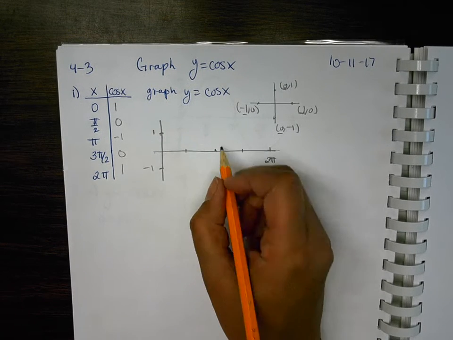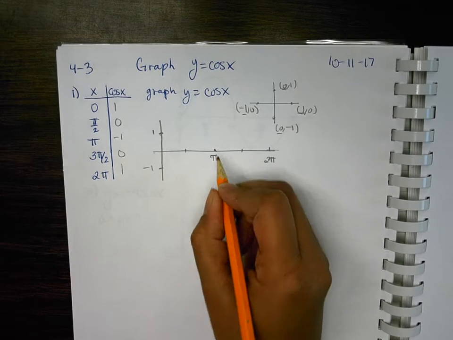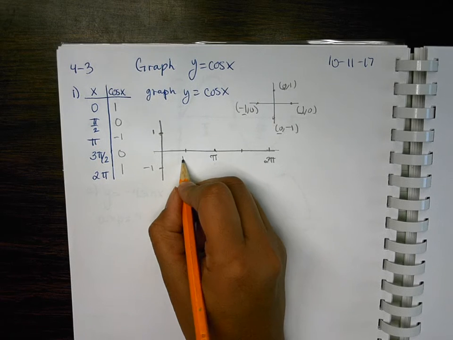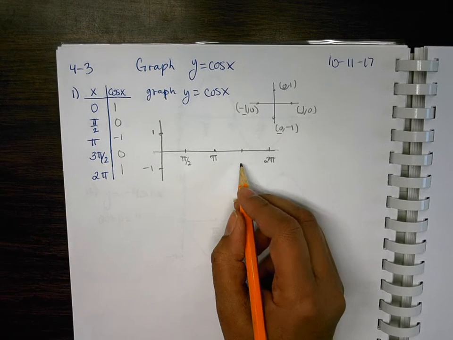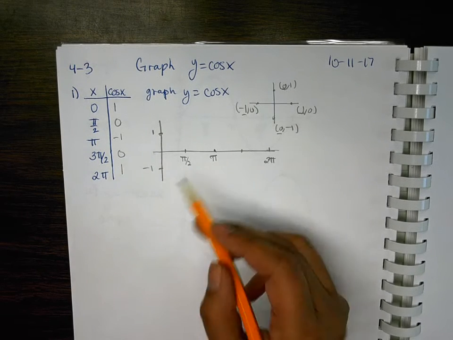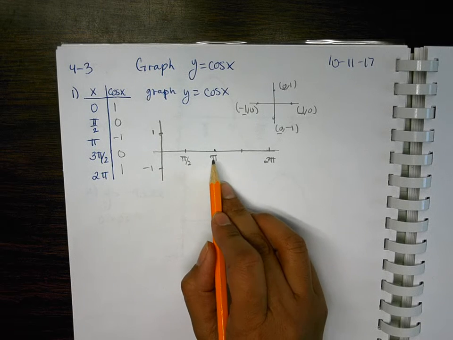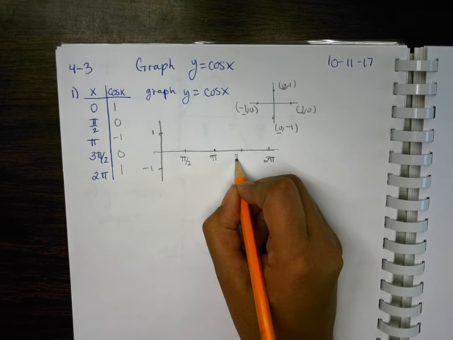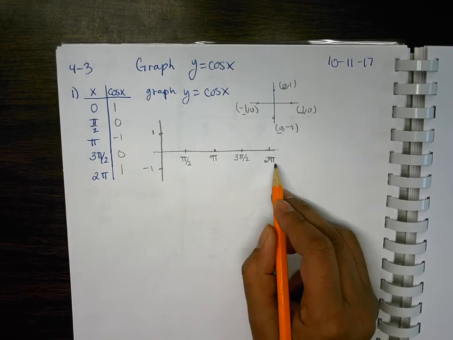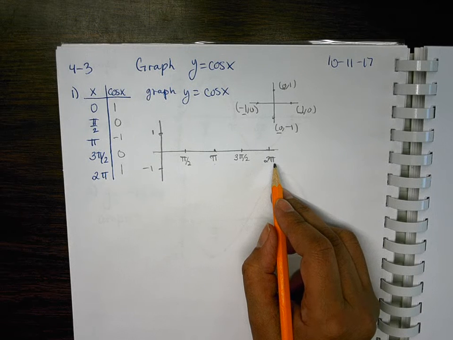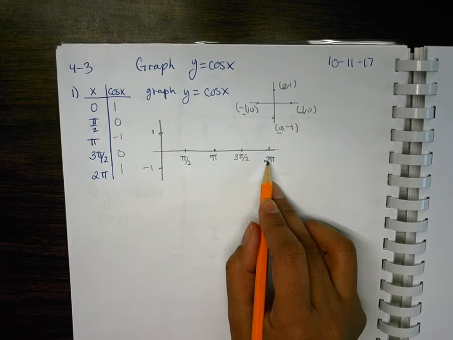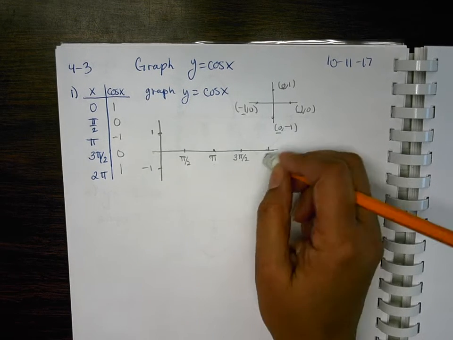What's 2 pi cut in half? Pi. What's pi cut in half? And yes, we know this is 3 pi over 2, but you should still count just to get used to it. 1 over 2, 2 over 2, this would be 3 pi over 2, and then 4 over 2 is your double checker. 1, 2, 3, 4 over 2, is that equal to 2 pi?